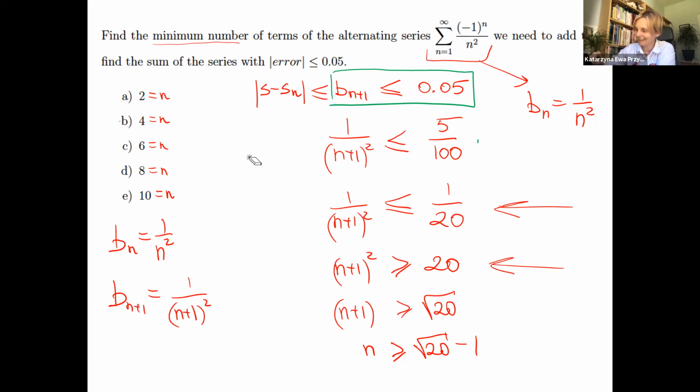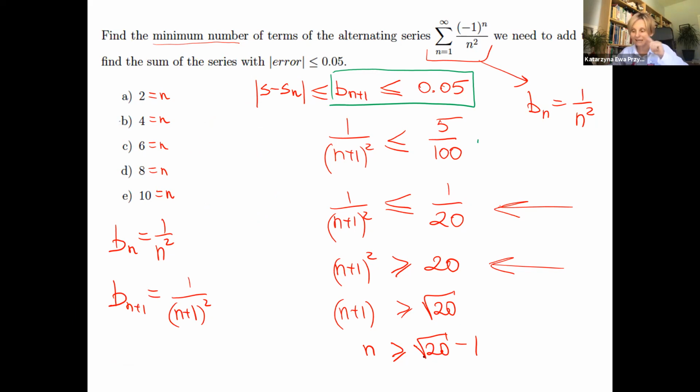Okay, let's figure out what the number is. What is the square root of 20? Because we have to take the integer. Square root of 20 is 2 square root of 5. Square root of 20 is between what integers?